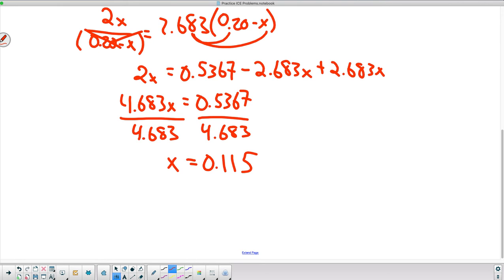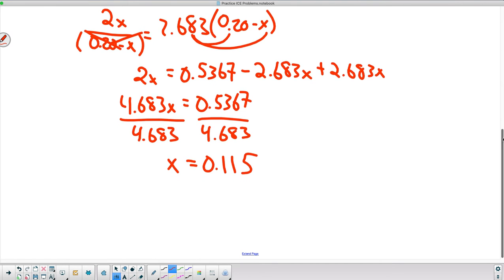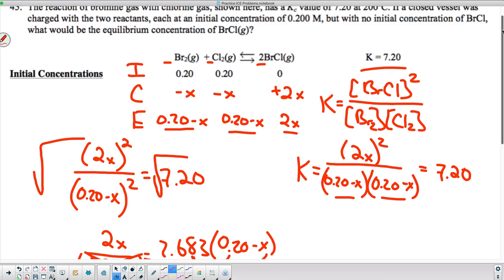So what was the original problem asking? I think it was asking up here for the equilibrium concentration of that. Well, as you can see, it's 2x.